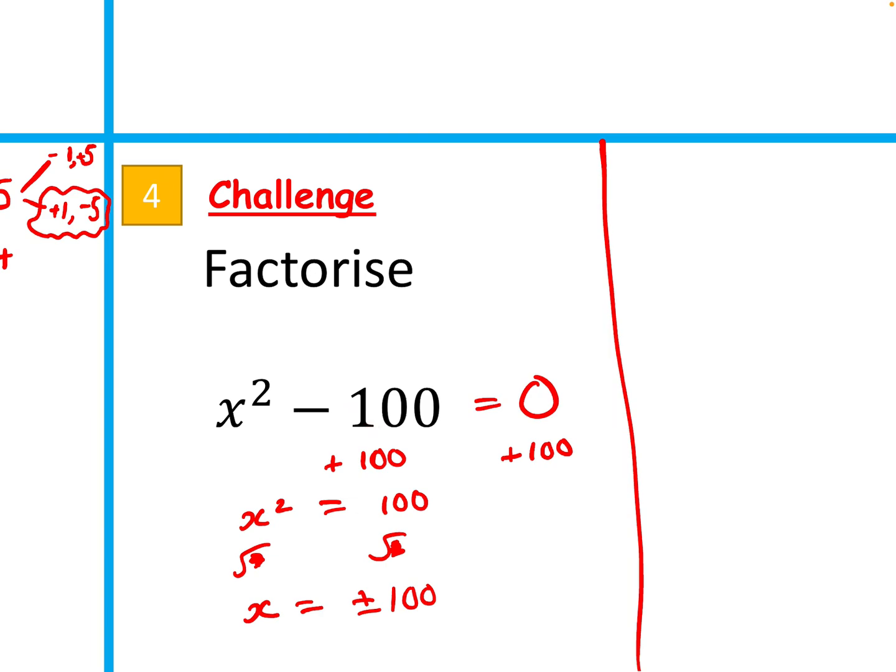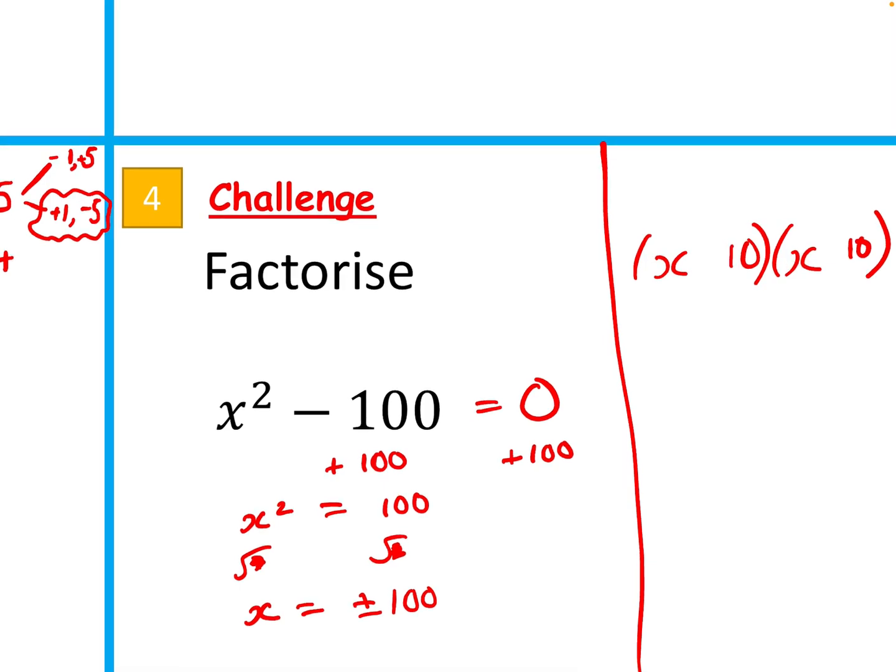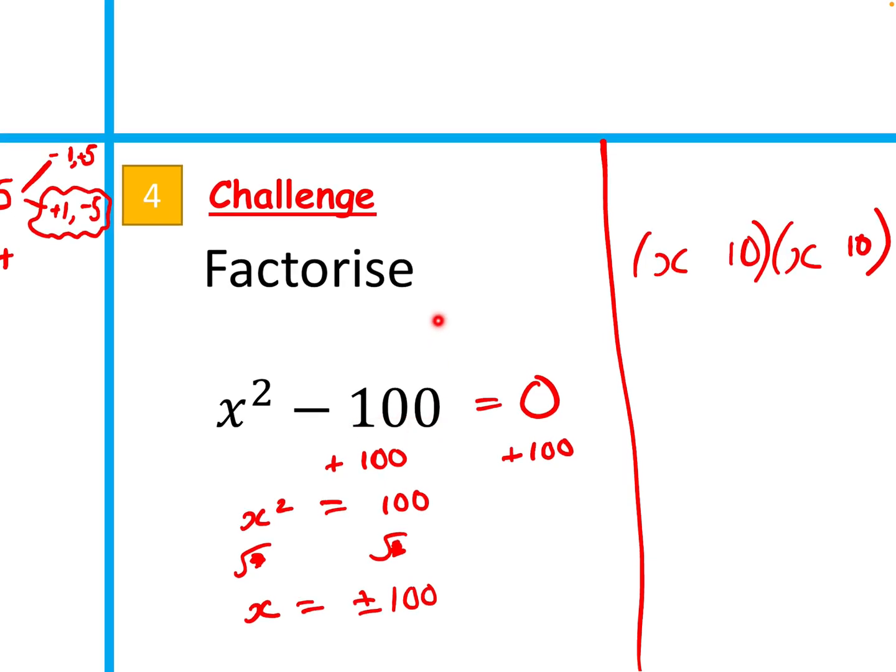So when I factorise the difference of two squares, what we get is a bracket with the square root of the first term at the beginning of each bracket and the square root of the second term at the end of each bracket. So I've square rooted x squared and got x and popped it at the beginning of each bracket. And I've square rooted 100 and I got 10, that goes at the end of each bracket. One of these must be positive and the other one must be negative.